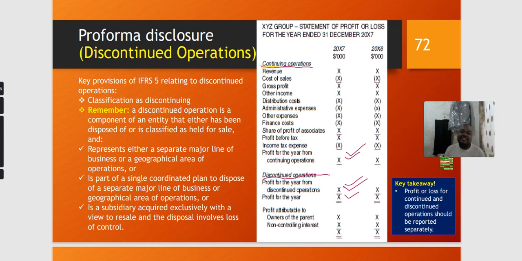Don't say that now we discovered that it was a loss, so there was no point of separating. You will fail. We are talking of profit or loss. This is a profit or loss statement. So when you are seeing the word profit there, sometimes it could be a loss for the year. Don't be hoodwinked by that simple matter.